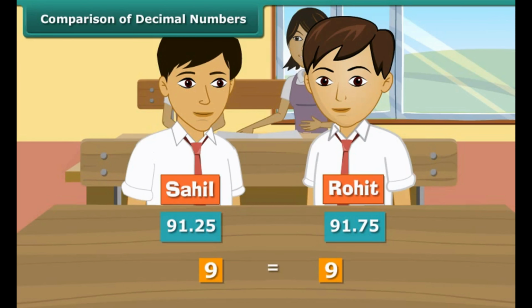Here the digits 9 and 1 are same. Thus, we compare the digits on the right of the decimal point starting from the 10th place. We find that 7 is greater than 2. This concludes that 91.75 is greater than 91.25. Thus, Rohit scored more than Sahil in the final exams.